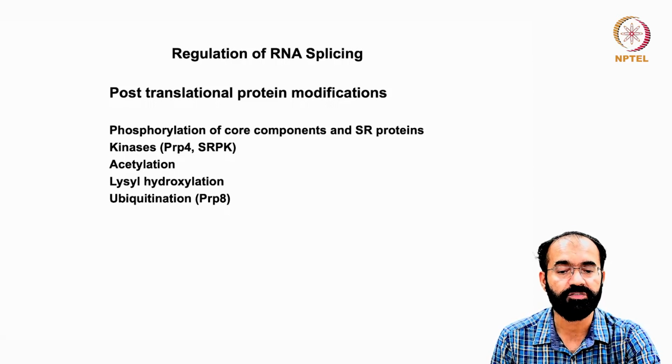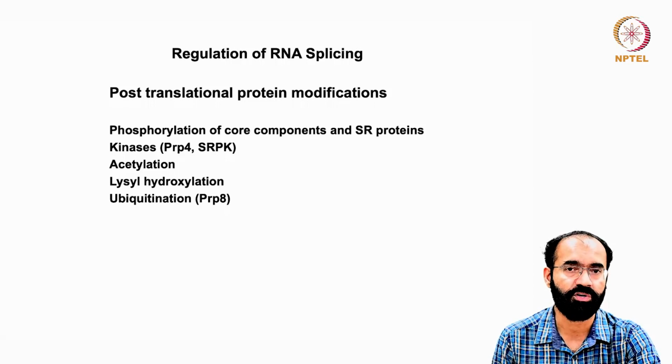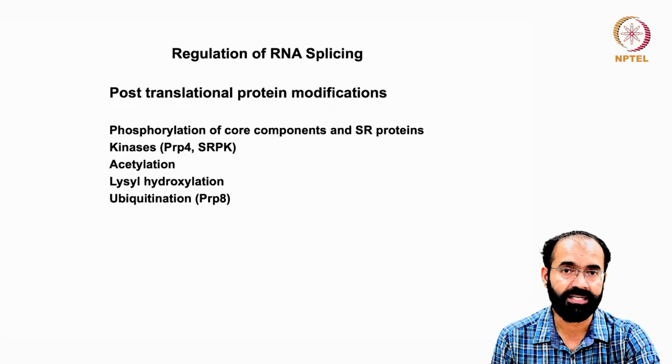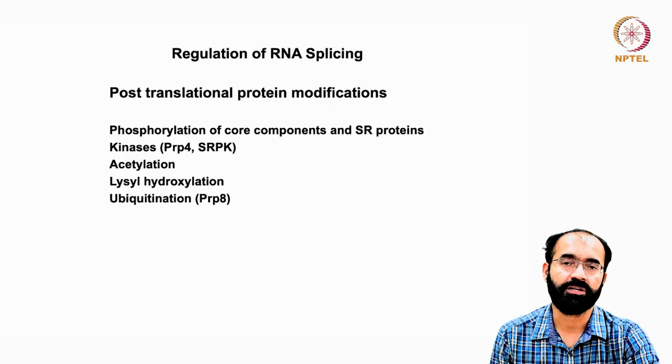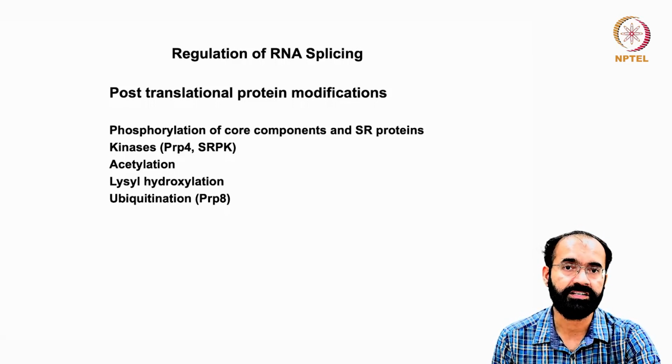The phosphorylation of core components. Every protein, if it is phosphorylated, or has any post-translational modification, can influence its ability to interact with other proteins and its ability to function in a given way. Everything can get affected, because proteins retain a particular shape or a particular function according to their current state.